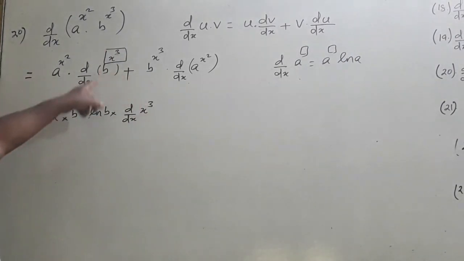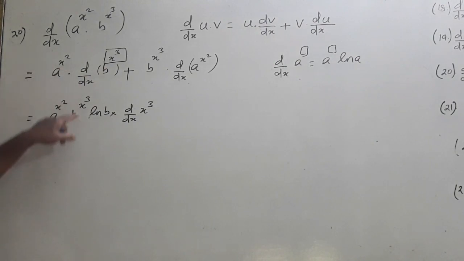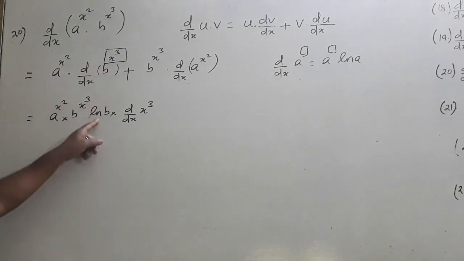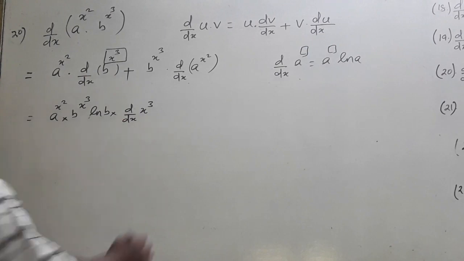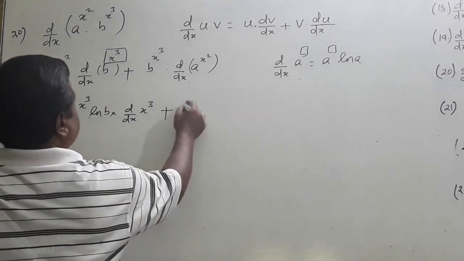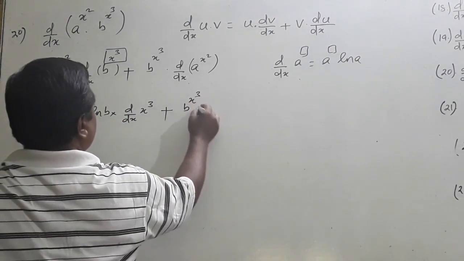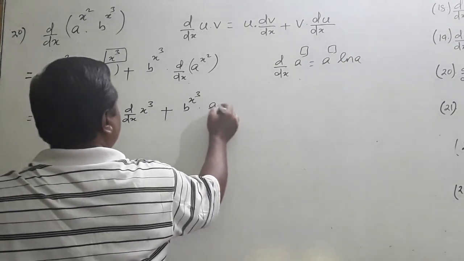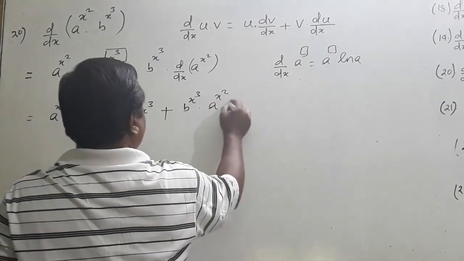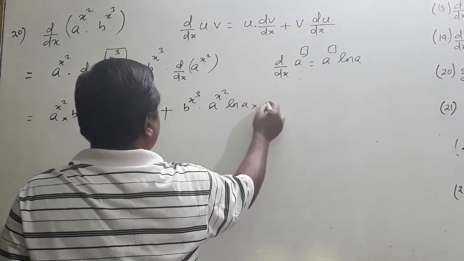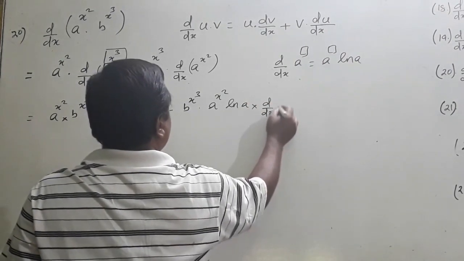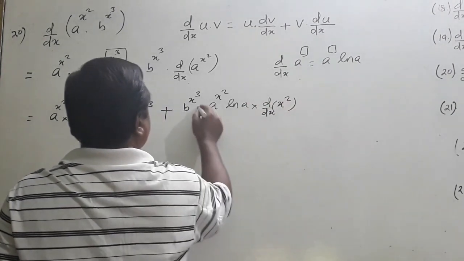b to the power x cube into a to the power x square, ln a into d by dx of x square.